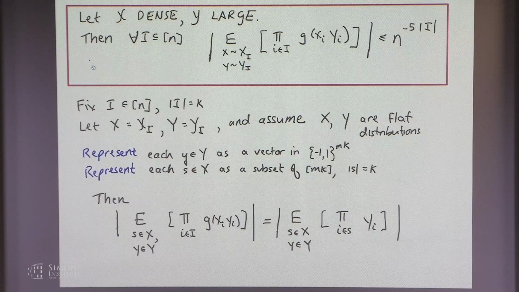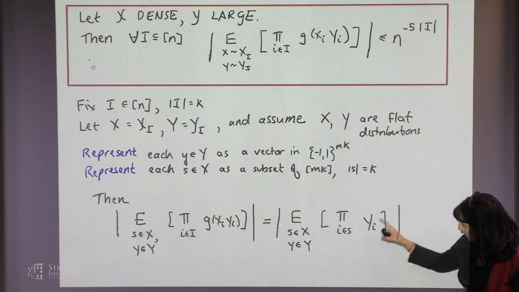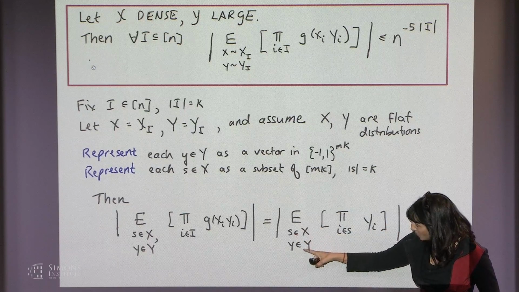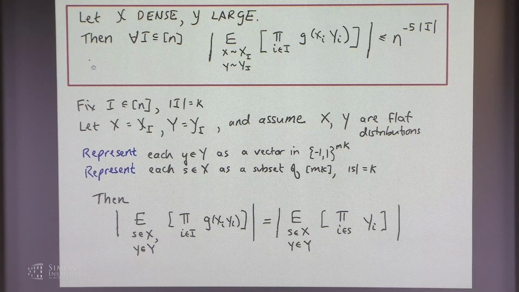X has n coordinates, and you can think of I as n if you want, but it's just some subset of the coordinates, and dense means for every subset I we're dense. So I'm going to focus on one subset I of the coordinates, and this is what we're trying to show: this quantity, the expected value. Now I switch notation, and x and y is just the distribution over the set of coordinates in I. Again, you could think of I as n.